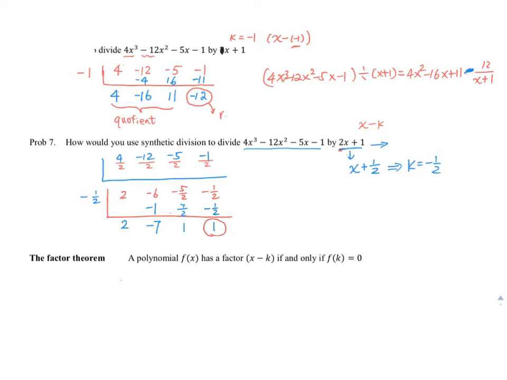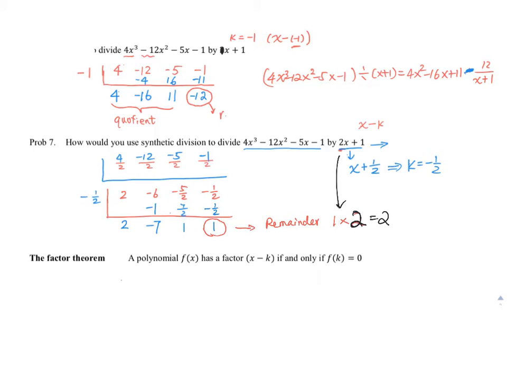Because you divided by 2 previously, your remainder of 1 needs to be multiplied back by 2. So the remainder will be 2.